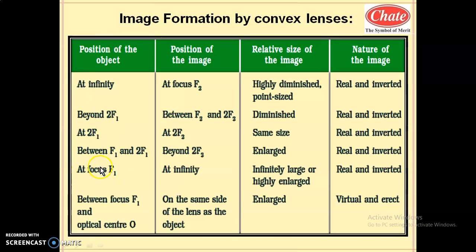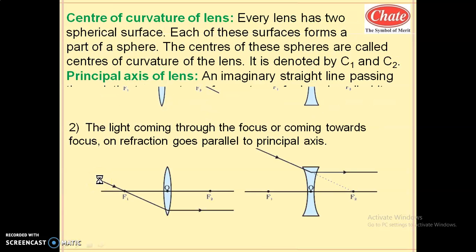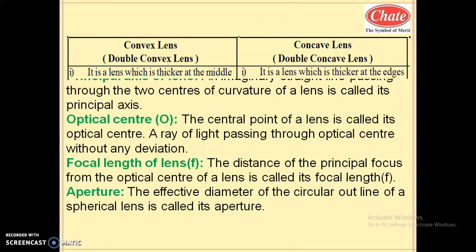So these are the positions coming from infinity toward the optical center O of the convex lens. Then after F1, the next position is between F1 and the optical center O. So this is 1, 2, 3, 4, 5, 6. These are the six different cases. If you want to see them in the diagram, it can be taken like this.